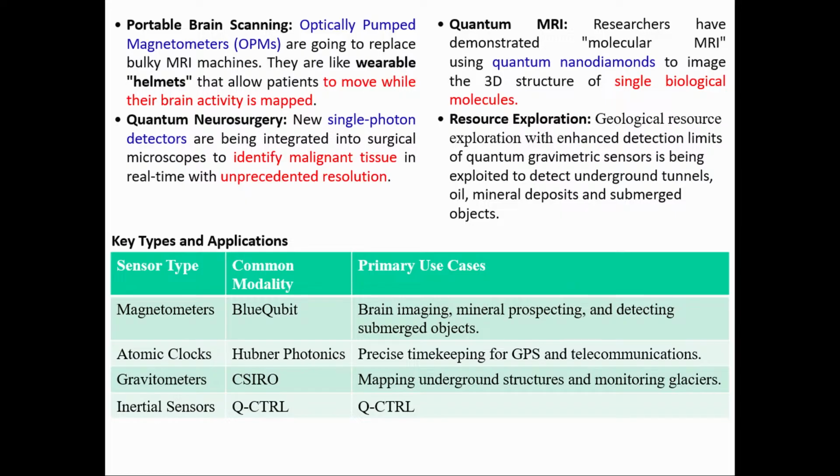And the quantum MRIs were already mentioned. Then resource exploration: geological resources like mining, oil, tunnels, caves, so many things you can detect very easily with high precision. That is very important.